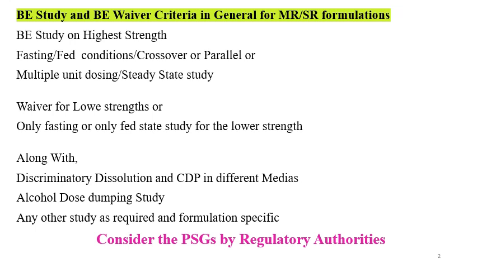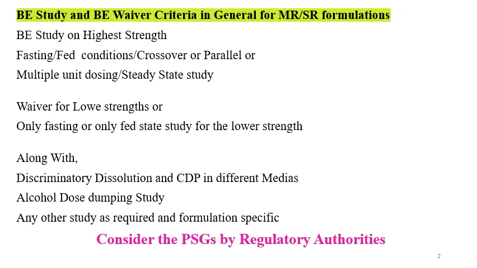That means bracketing is required. For example, if fasting is the critical condition to have bioequivalence, then the higher strength will be studied for both fasting and fed, and the lower strength will be studied in fasting only, so that the regulatory authority can get the correct information on the bioequivalence.